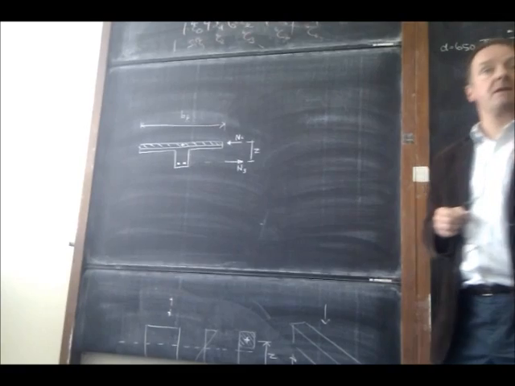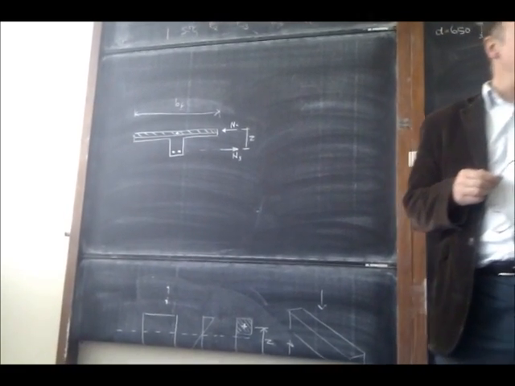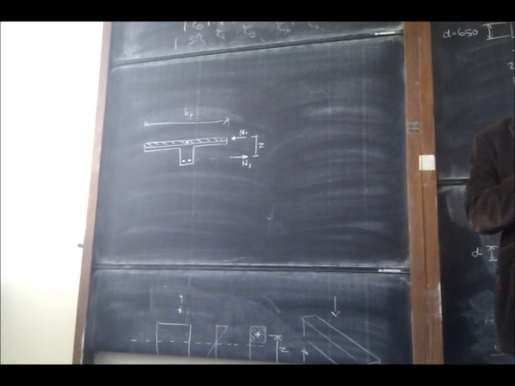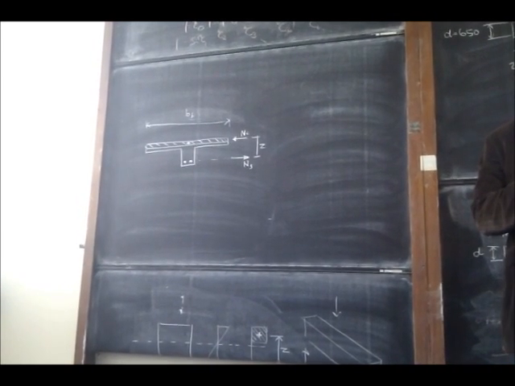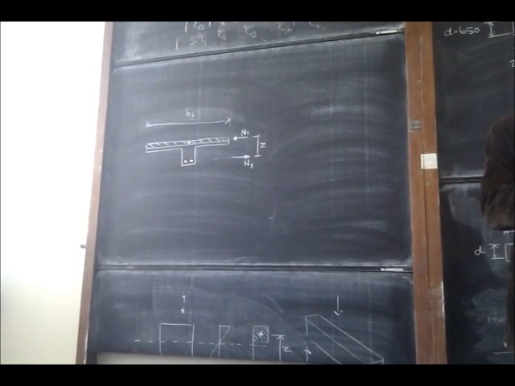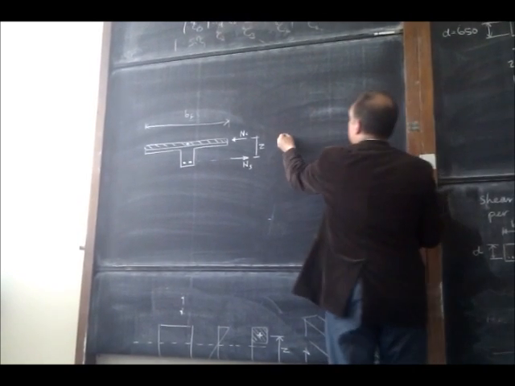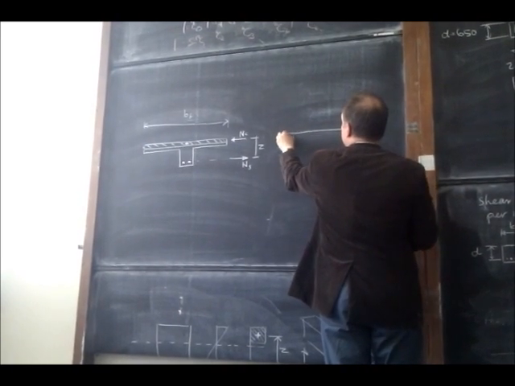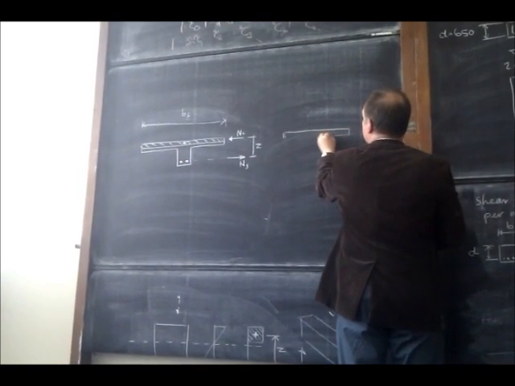Now, what I suggested when I was looking at the example this morning is that it's slightly conservative to assume that the force in the concrete acts in the middle of the flange. So if you do this, as far as the lever arm is concerned, you're making a conservative assumption.